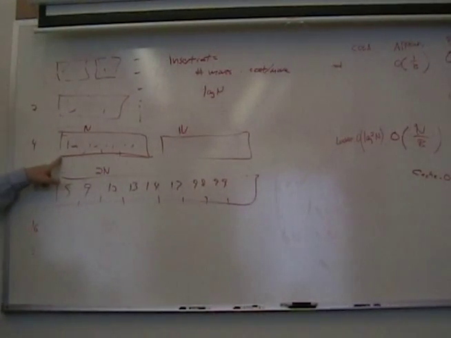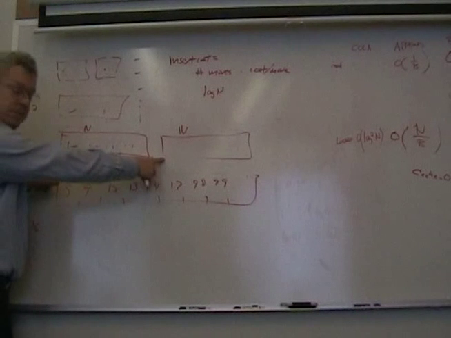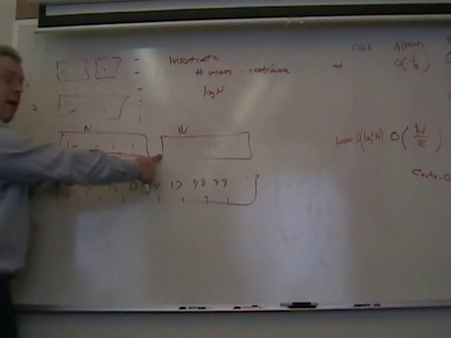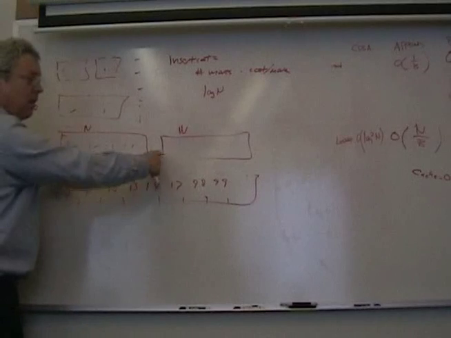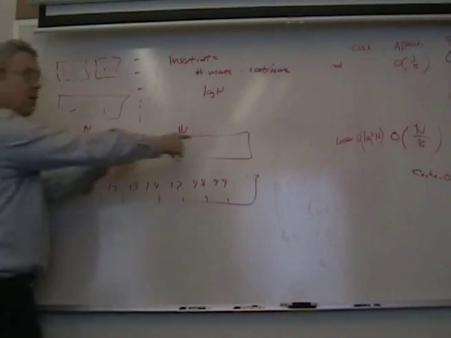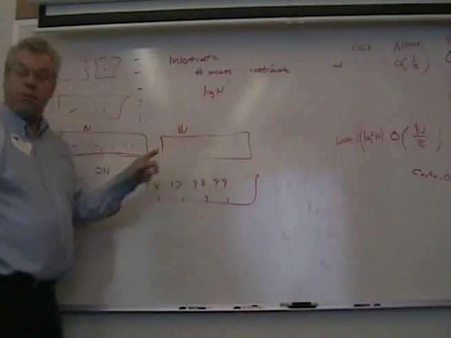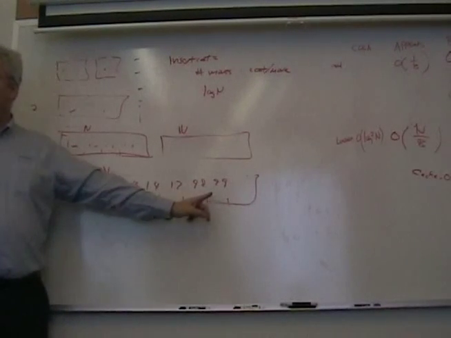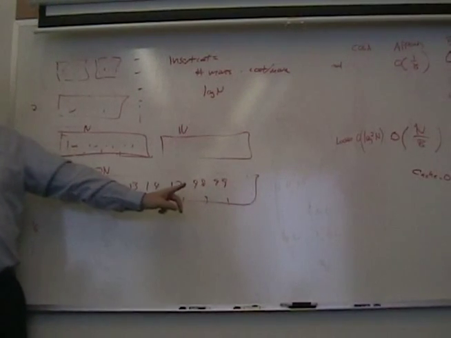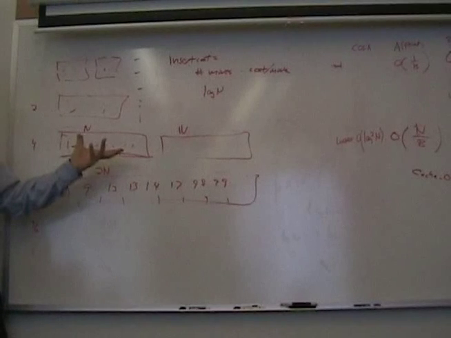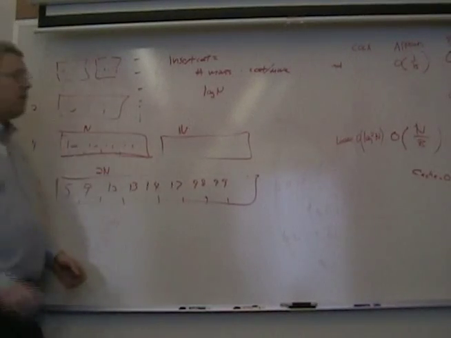So how do I do a merge? I put one finger here and one finger here, and I take the minimum and I put it down there. So it takes 2n to read all those blocks, plus 2n to write all those blocks. So the total number of objects that I've read or written is 4n.